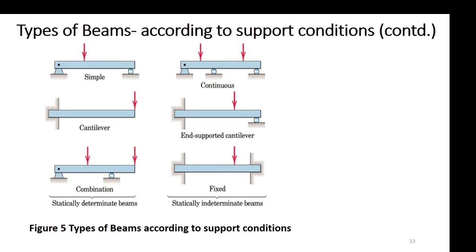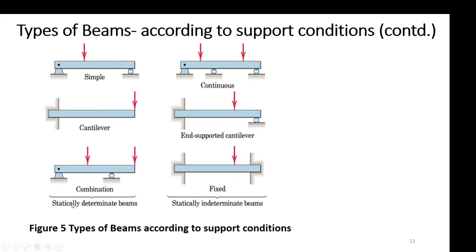So you can see the types of beam according to the support conditions, which you are already familiar with. If the supports are just sufficient and we can find reactions from the static equilibrium equations, we call them statically determinate beams. If we have more supports than necessary, we have statically indeterminate beams.